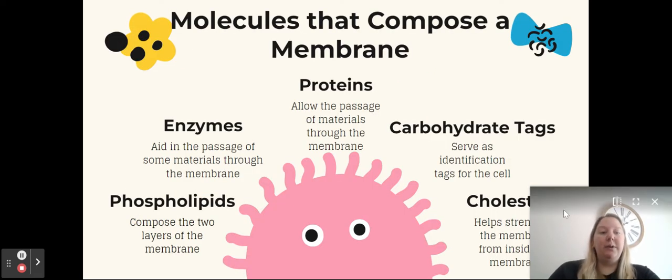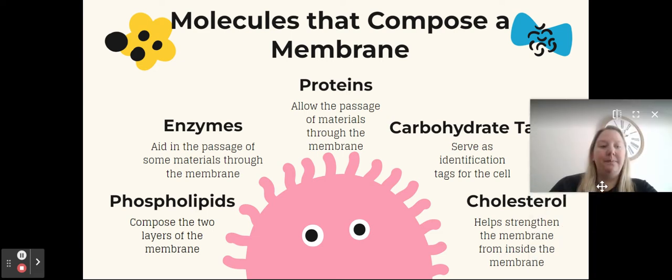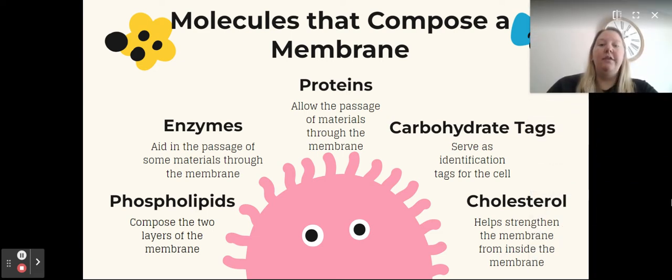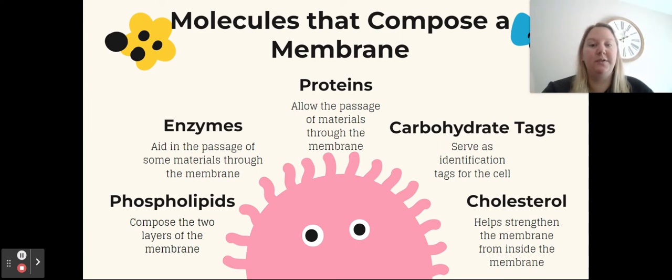There are a lot of components to our cell membrane. First is our phospholipids, which we just talked about. Our cell membrane itself is composed of those 2 layers of phospholipids. Spread out throughout our fatty acid phospholipid bilayer, we have a lot of different materials. The first is enzymes. Enzymes aid in the passage of some materials through the membrane that otherwise cannot squeeze themselves through and in between the fatty acids.